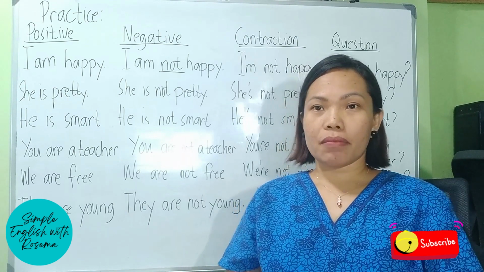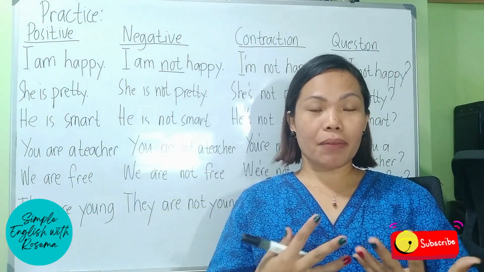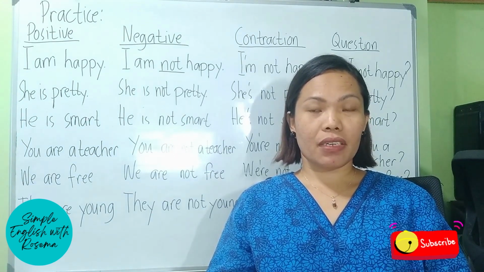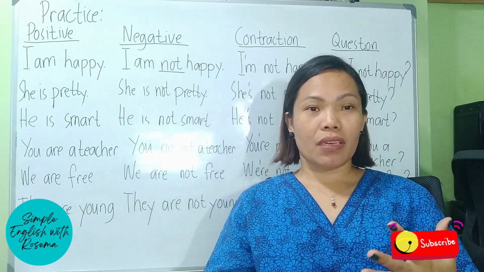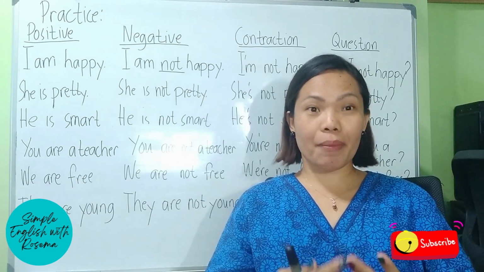Let's say, for example, I am happy. So the am is our be verb. It helps express my present state or condition that I am happy.